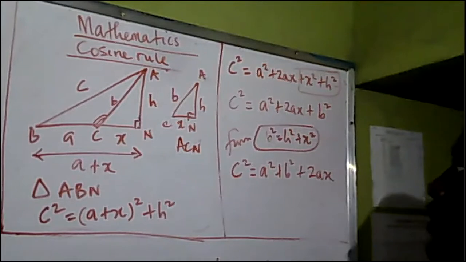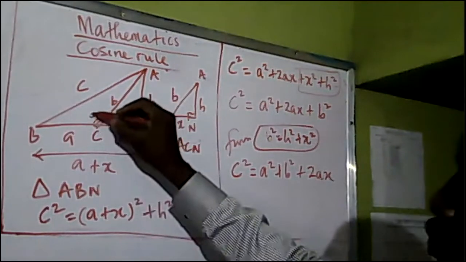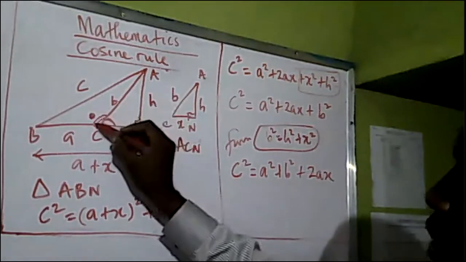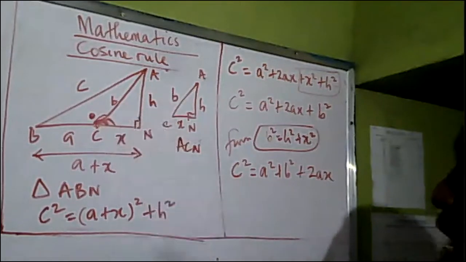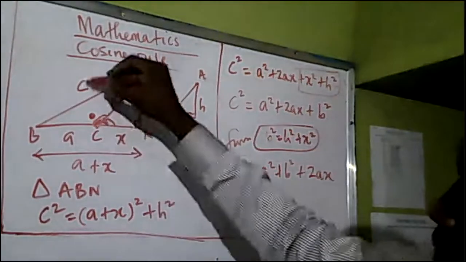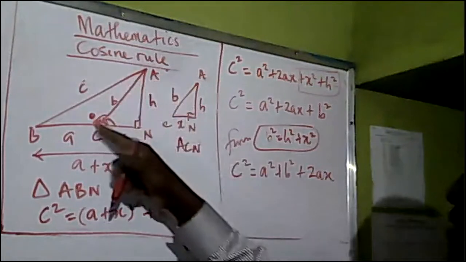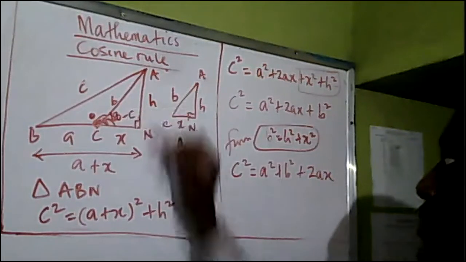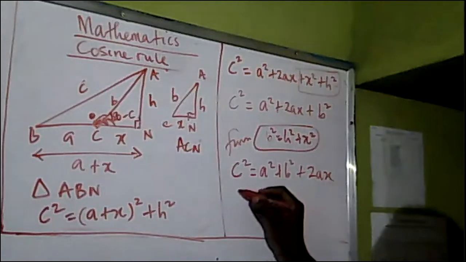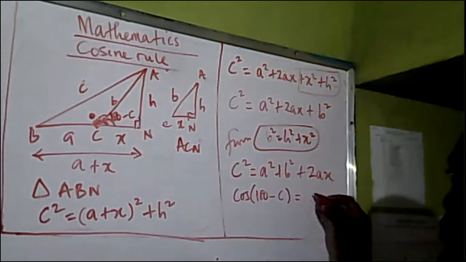Now, to get this angle cos C, this side was given to you already. Then the total of this angle will be what? 180. If this is my C, look at the angle here. This is the C, big C, smaller C. So this is the angle. Then this other angle is 180 minus C. So cos 180 minus C is equal to what?